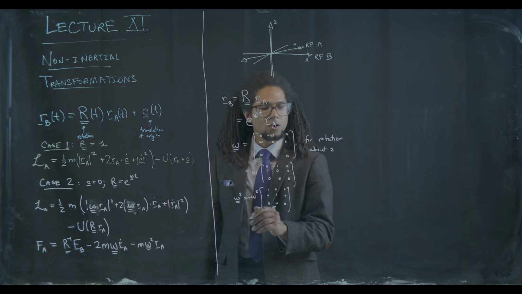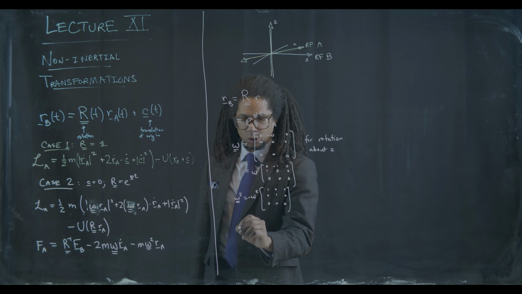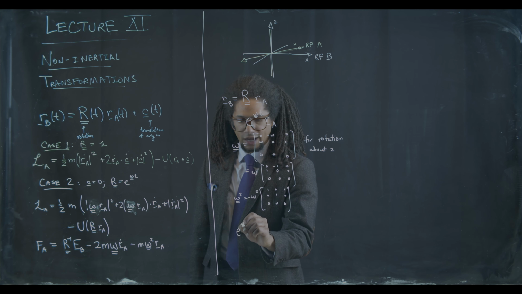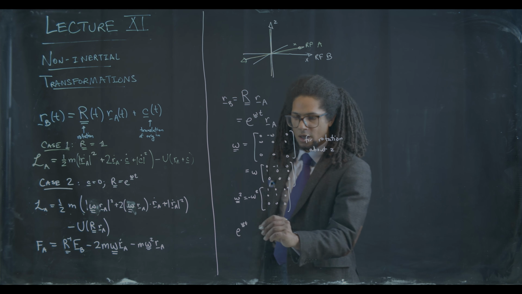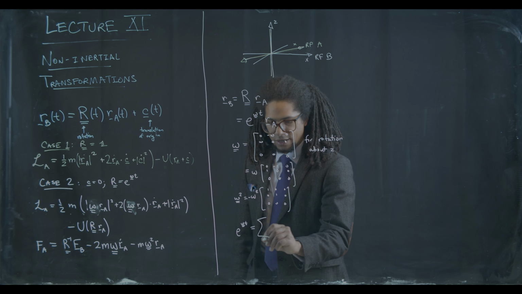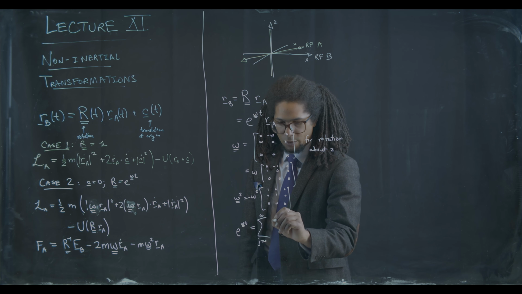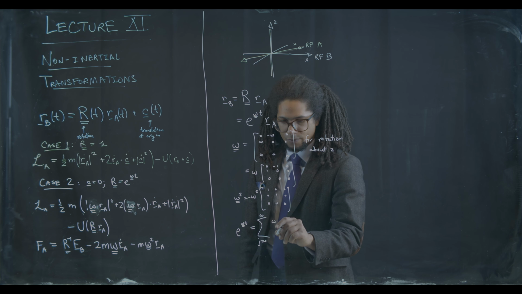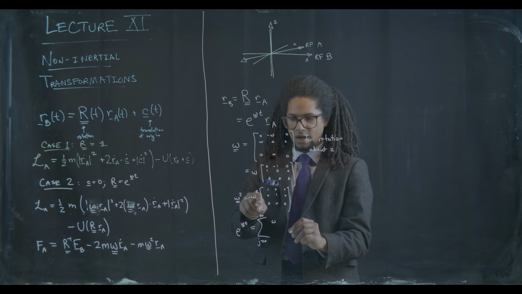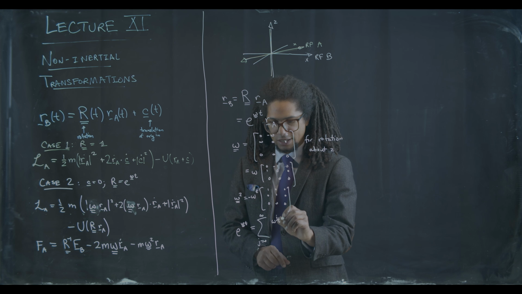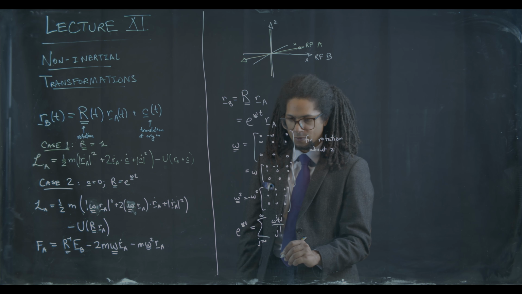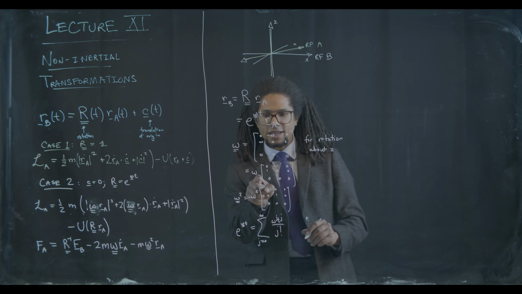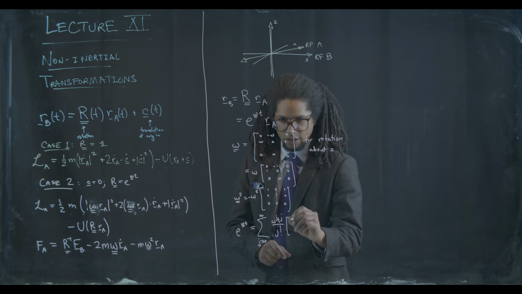Okay, so when I now take this exponential, e to the omega times t, what I need to do is expand this out in powers. So I'm going to get, again, this is the number omega to the j, t to the j, over j factorial, times this matrix to the jth power.